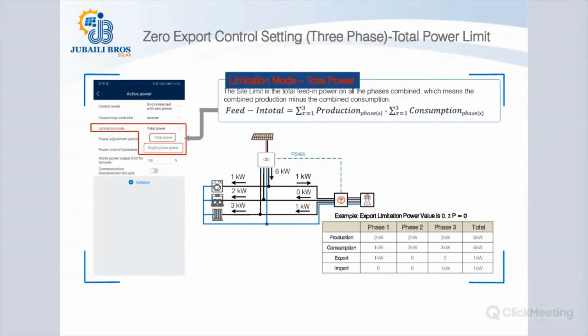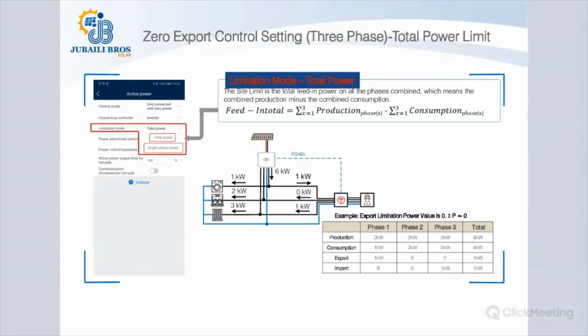So for example, here in the total power limit scenario, the load accumulation is 6 kilowatt. So the inverter will provide 6 kilowatt. Third of the power will go to each load phase. So we will have 2 kilowatt for the first phase, 2 kilowatt for the second phase, and 2 kilowatt for the third phase.